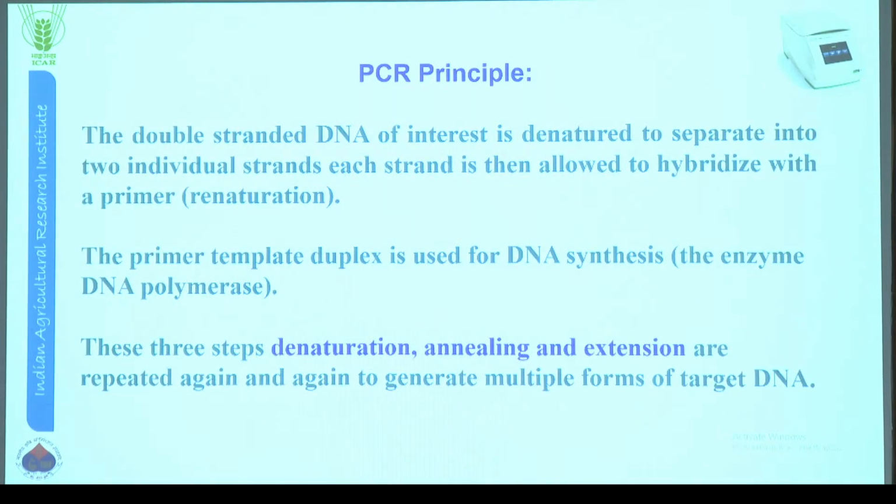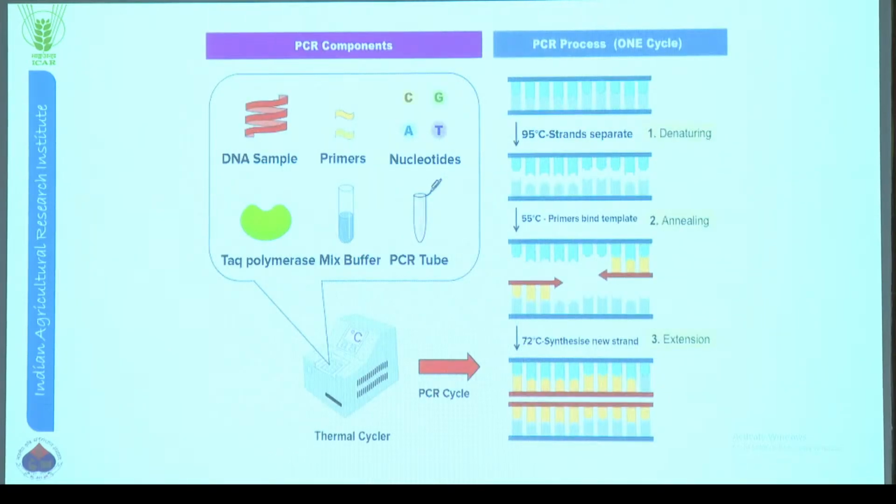PCR principle, I think you all know. Any doubt? It is a very simple process, three steps: denaturation, annealing, extension, which you all know very well. The important part in diagnosis is the marker, or your primer. How to design a primer is the important thing.